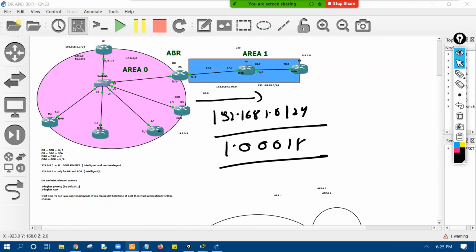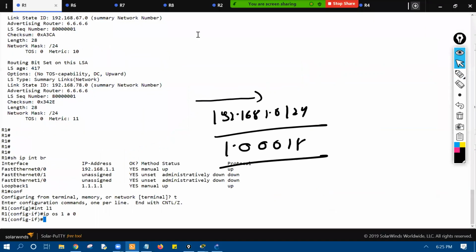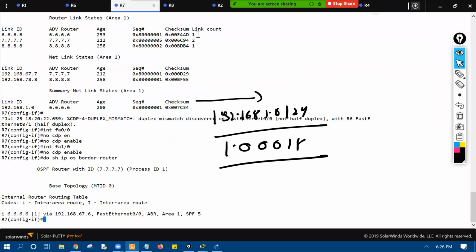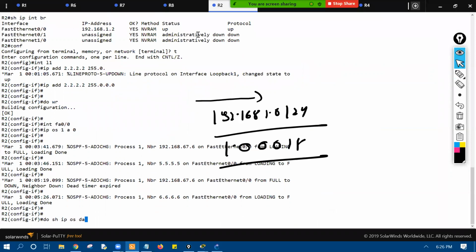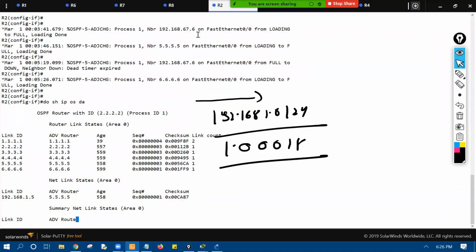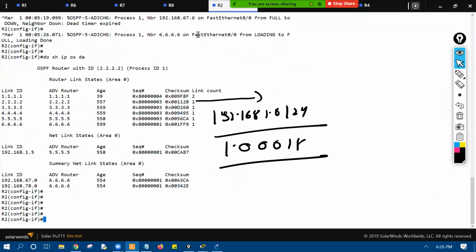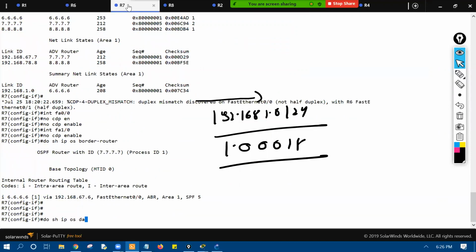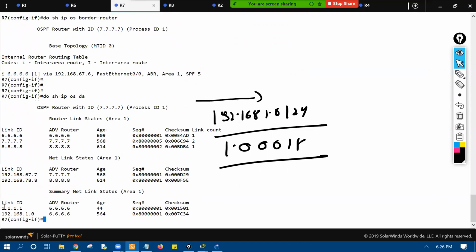Right? So if you go on R2, do show ip ospf database. And let's go on R7 now and check, show ip ospf database, there is a summary LSA, because I have advertised the one loopback, this one, 1.0.0.0/8.